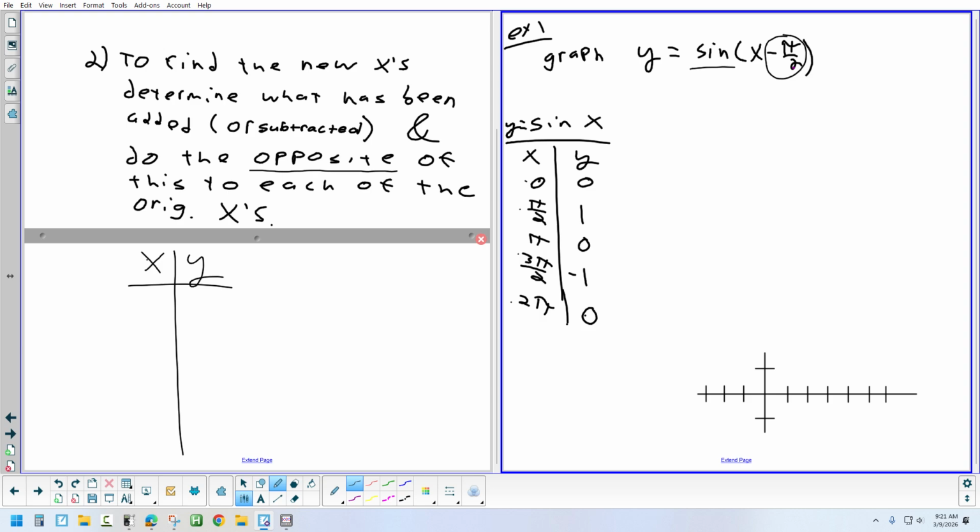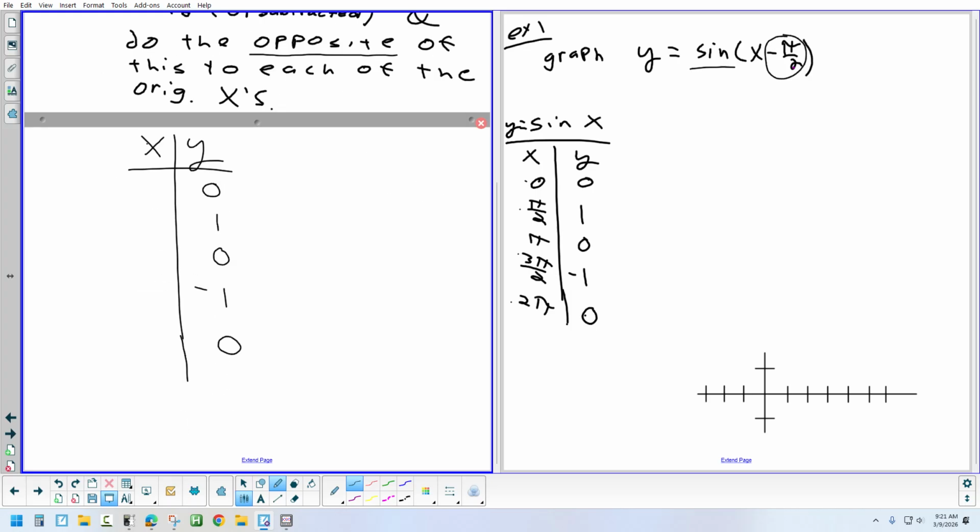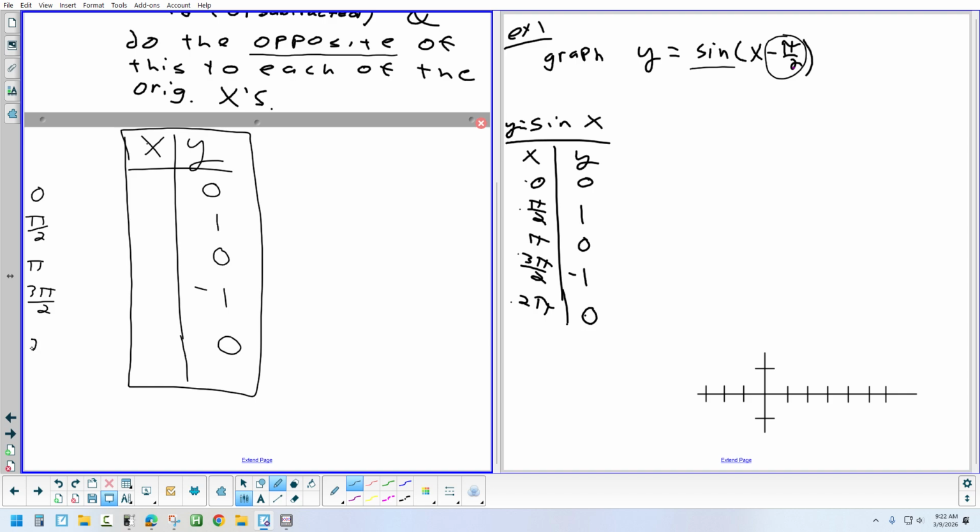Same thing. Right, I just copied down the original table from the notes a couple slides ago. So we can keep the y's the same. 0, 1, 0, -1, 0. All my final answers are going to be in that box. Off to the side, I'm going to put the original x's. 0, pi over 2, pi, 3 pi over 2, and 2 pi.